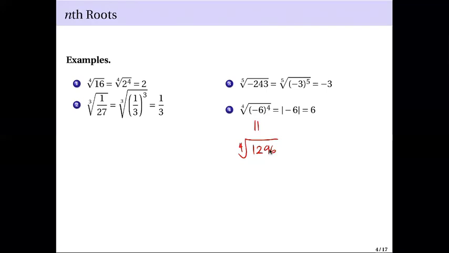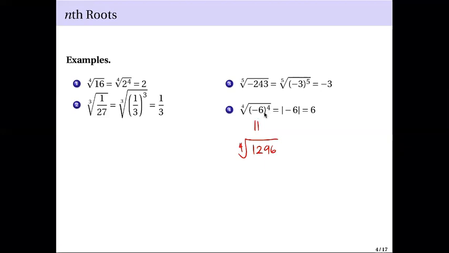Now, since we have written it this way, and we said that if we have a positive radicand with an even index, the root must also be a positive number. That's why we have positive 6 as the fourth root of negative 6 to the power 4.